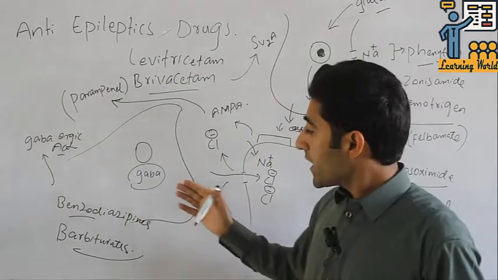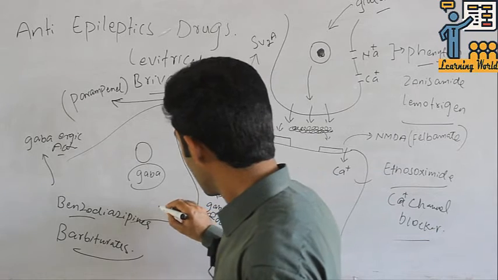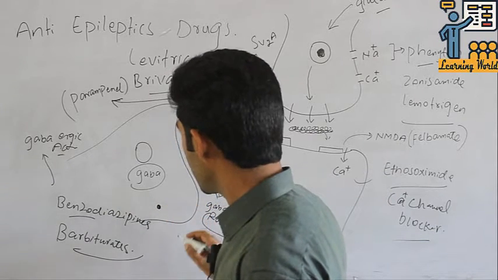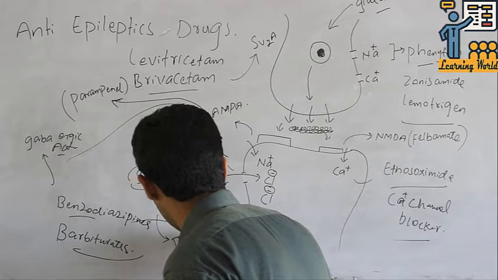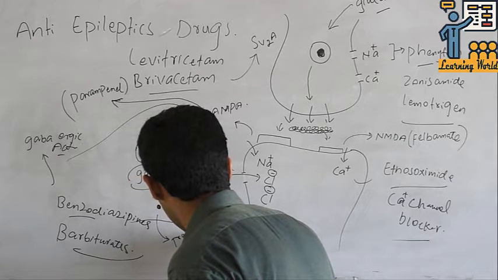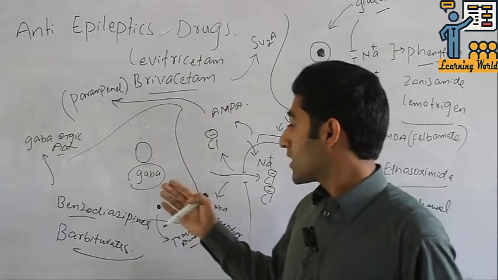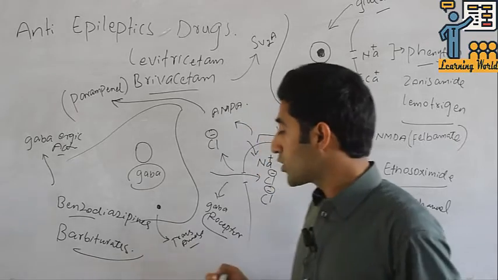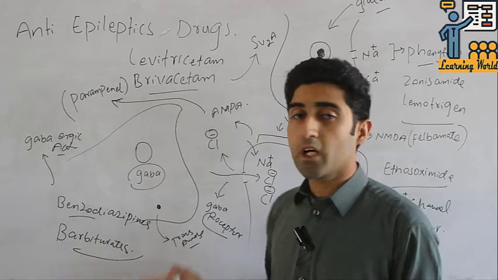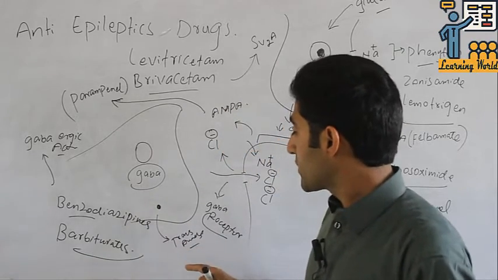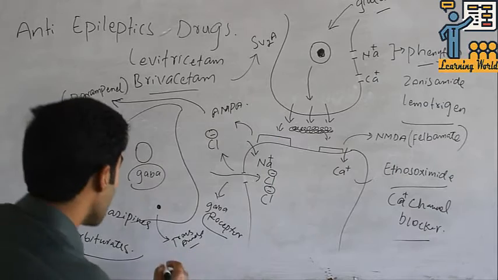Here in the presynaptic membrane of this GABA, an enzyme is present. For example, this is the enzyme whose name is transaminase enzyme. These transaminase enzymes are responsible for the metabolism of the GABA neurotransmitter. So we need to inhibit the activity of this transaminase enzyme to increase the activity of the GABA. The drug which is responsible to inhibit the transaminase enzyme is vigabatrin.